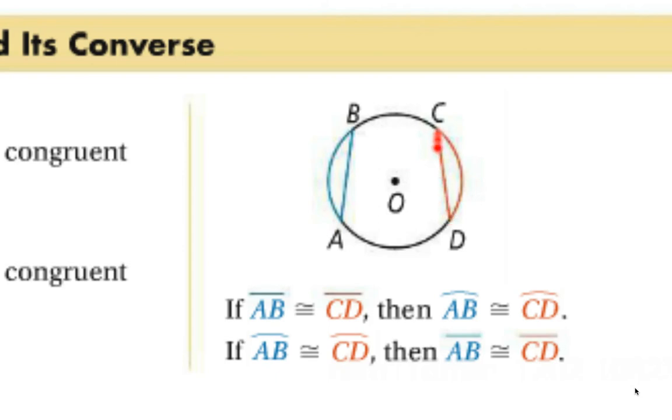If these chords are the same, it's cutting off the same portion of the circle. And the converse is true as well. If arc AB is congruent to arc CD, then the chords are congruent.